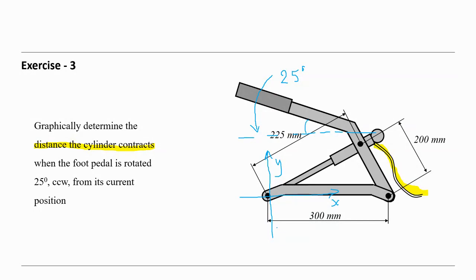Then turning the foot pedal in the counterclockwise direction, like here, we have to calculate the new distance here. It was 225, like here. The new distance we have to calculate. Okay, this is also homework you do.